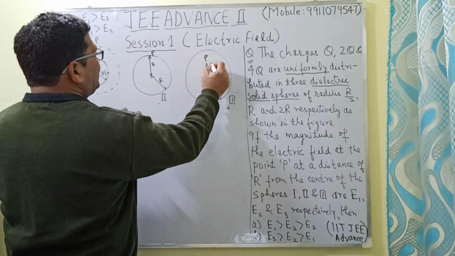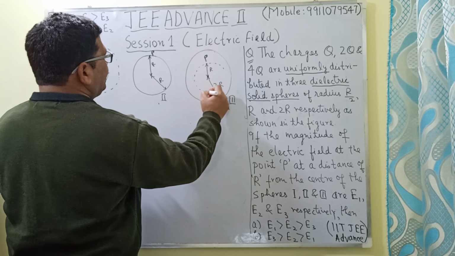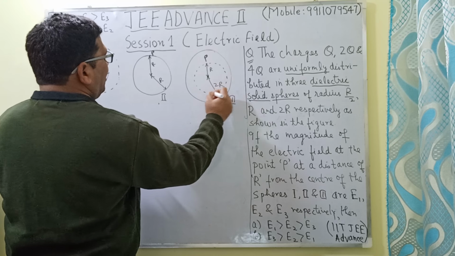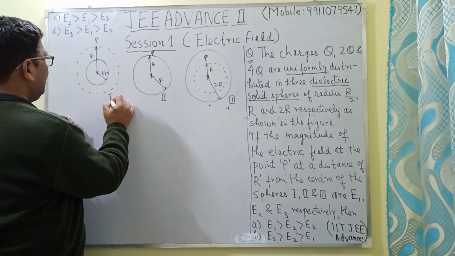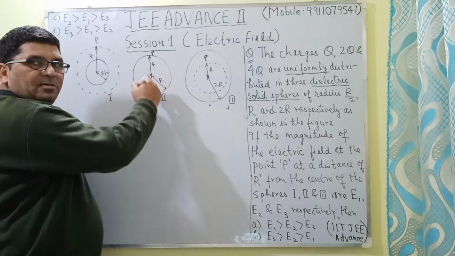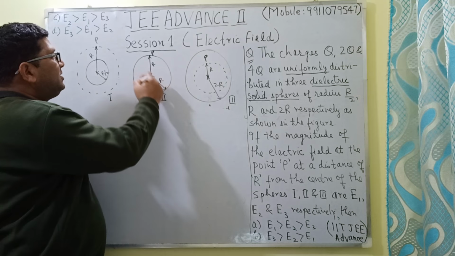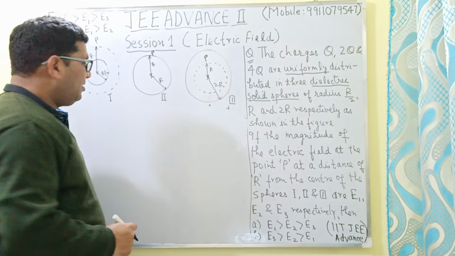Okay, now here in this case the Gaussian surface will be like this, and in this case, that is in sphere 2, the Gaussian surface will be the surface of the sphere itself.